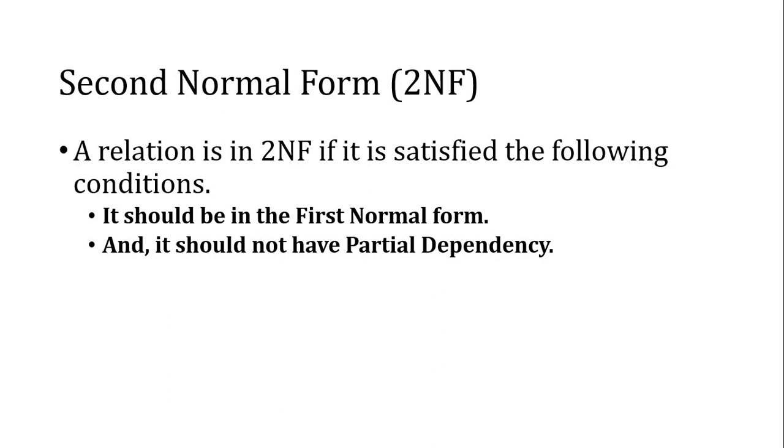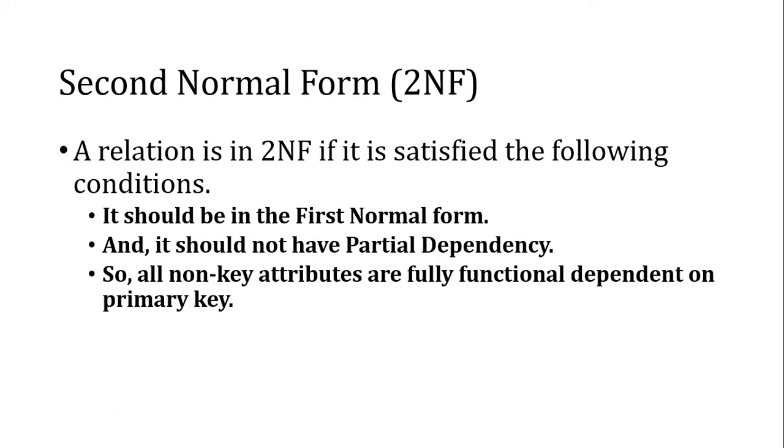So in the second normal form, you have to understand it should not have partial dependencies. So in the table, there should not be any chance to create a partial dependency. So it should be fully functionally dependent.